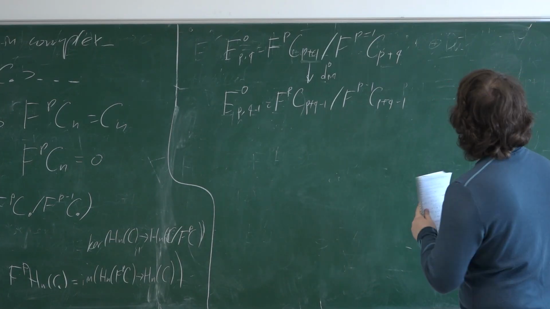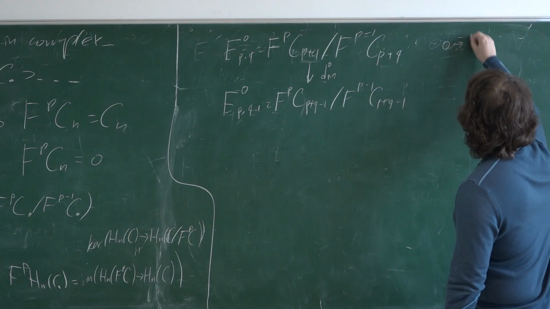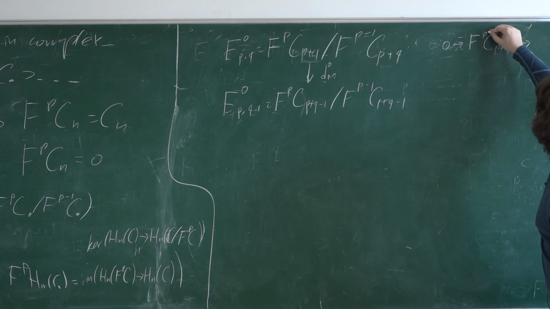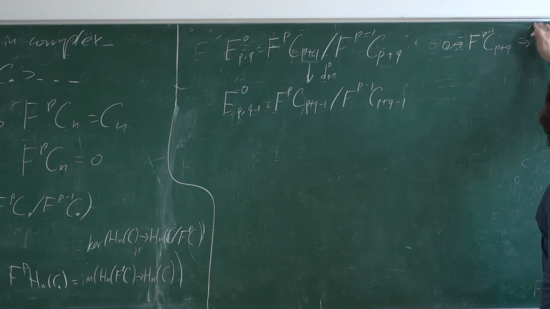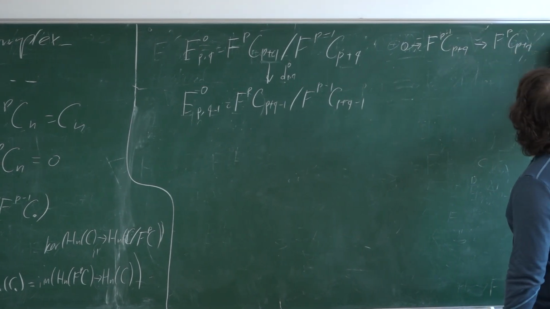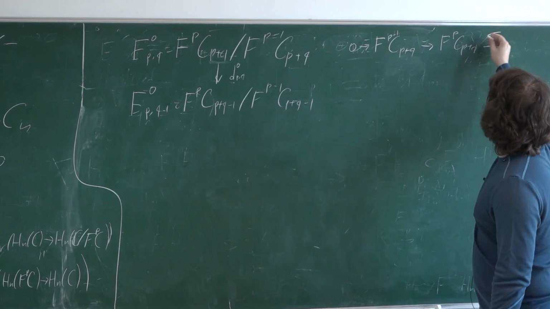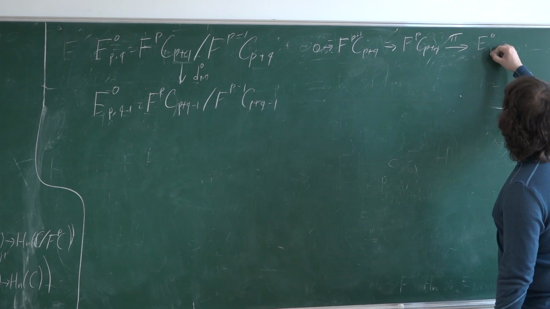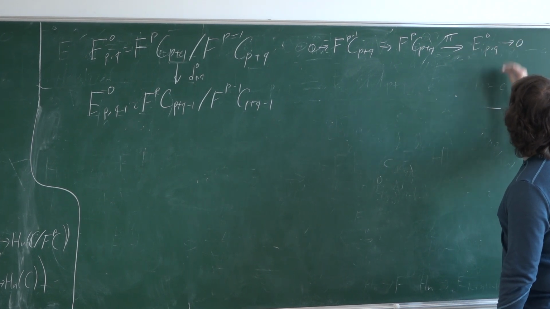Let's denote, we have this short exact sequence. I have this filtration F_{p-1}, it includes into the p-th filtration F_p, and this is the quotient E0, the projection onto the quotient module.